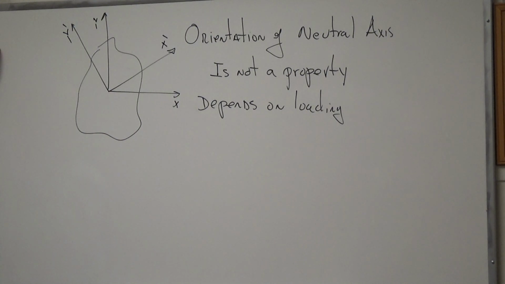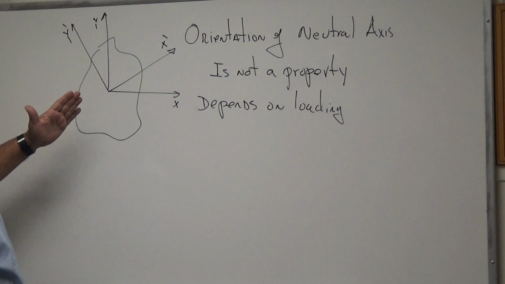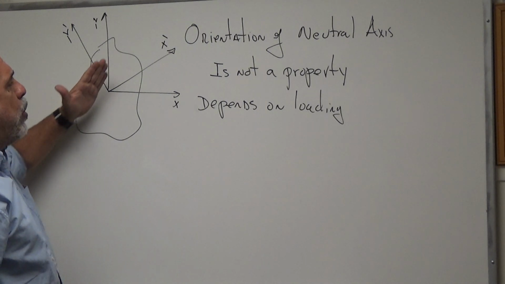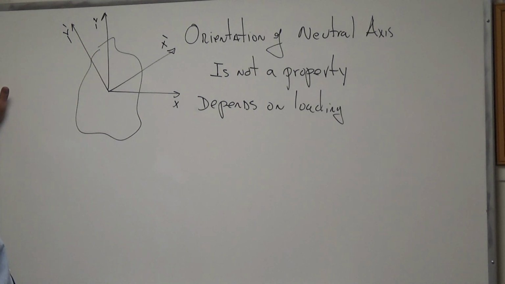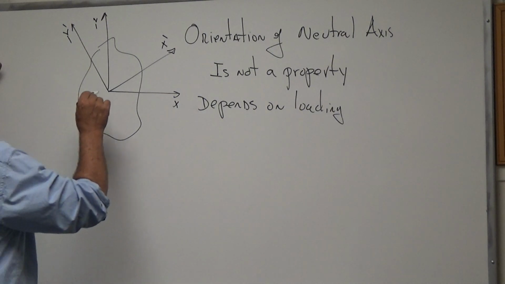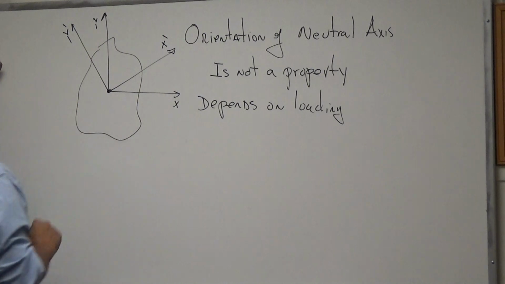Now, how do I know what is the neutral axis? The neutral axis is simply a straight line where all the points have zero stress. By definition, the centroid is a point of the neutral axis.